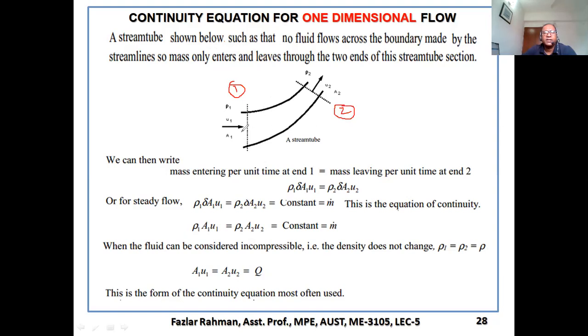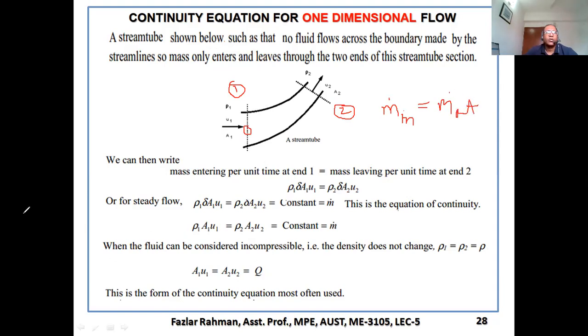And water entering over here in section 1, how much? M dot in will be M dot out, right? So in that case, we can say that M dot in equals M dot out.